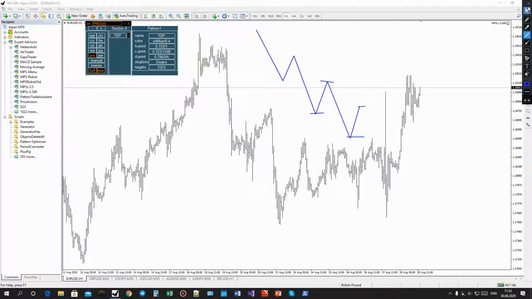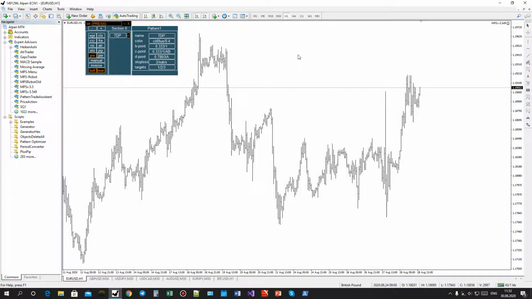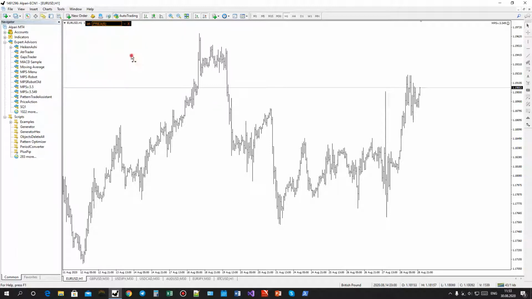So we're supposed to have a harmonic reaction. Let's set this in MPS: we need the BC leg, and other targets should be 0. That's it. Now let's enable this pattern, close properties, and start the backtest.